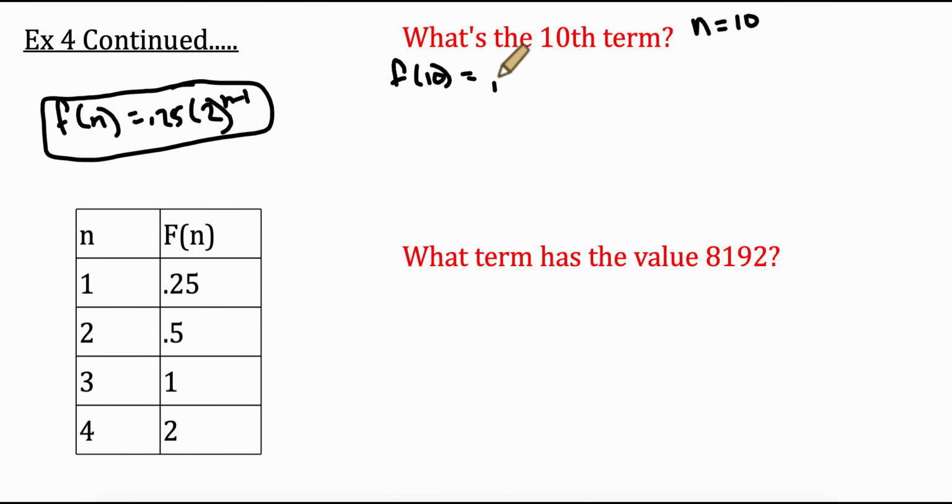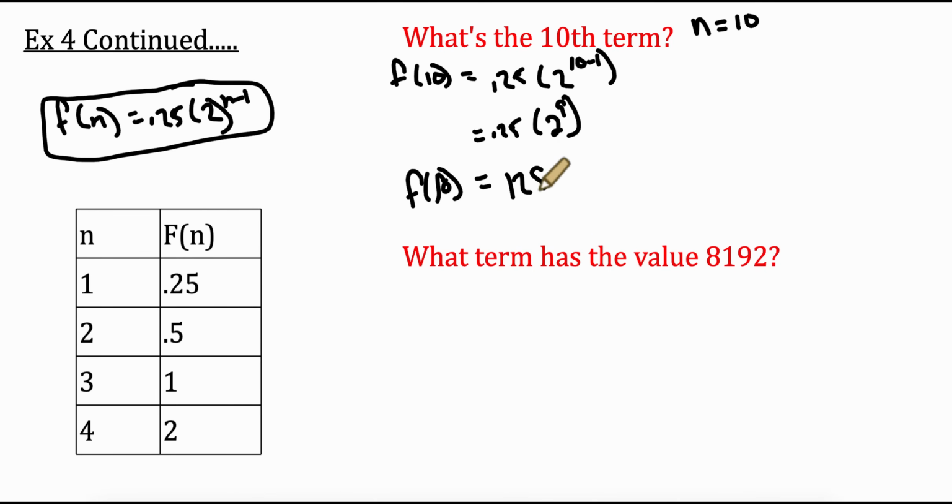Let's see what we got. 0.25 times 2 to the n minus 1, so that's 10 minus 1. That's 0.25 times 2 to the 9th. And honestly, that's calculator work right from there. I could do 2 to the 9th and then multiply it, but honestly, I just like putting all that stuff in at one time, and I get 128. So the 10th term is 128.